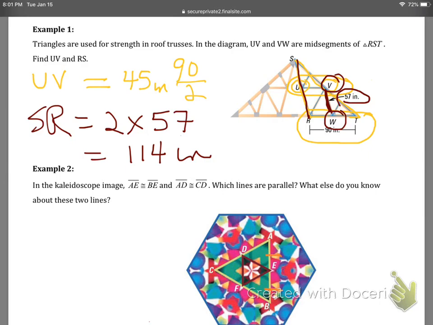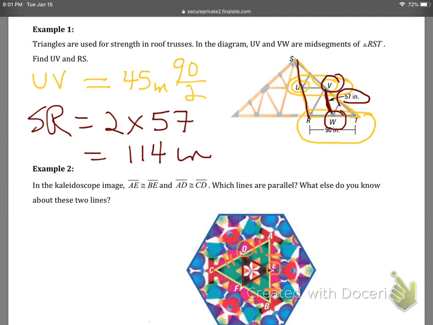So what they just told you was that E must be a midpoint. If those two segments, AE and BE, are congruent, then E must be the midpoint. They also tell you that AD, right here, and CD are congruent, so that makes D a midpoint.